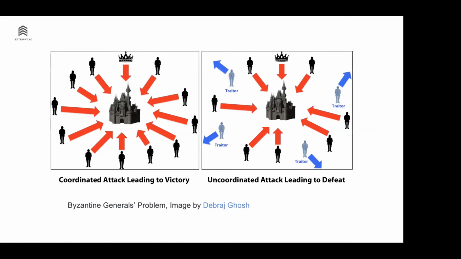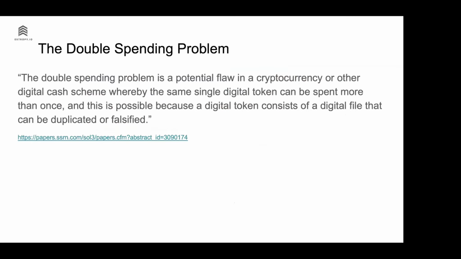The Byzantine idea is based upon a theoretical problem called the Byzantine generals problem, about how a number of generals could decide whether to attack a city, given that there may be people giving them false information. It's a sort of philosophical idea, and that's what gave the name to it.